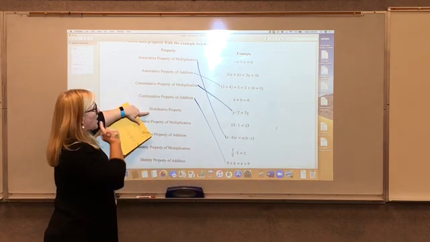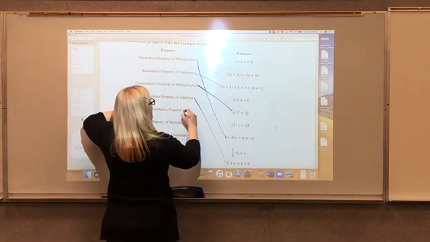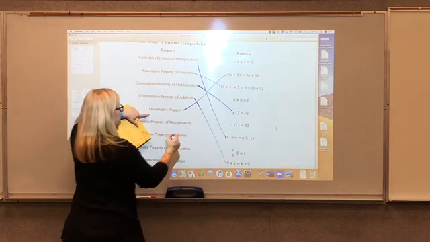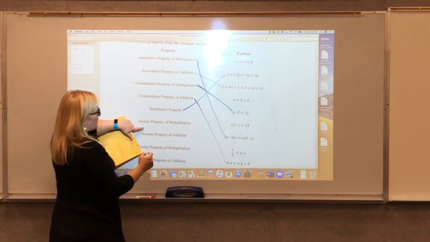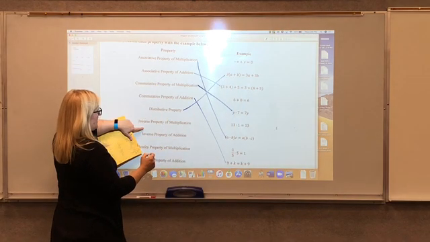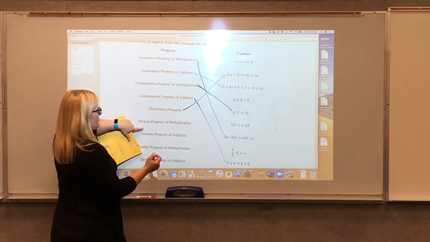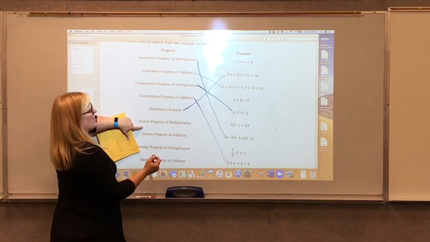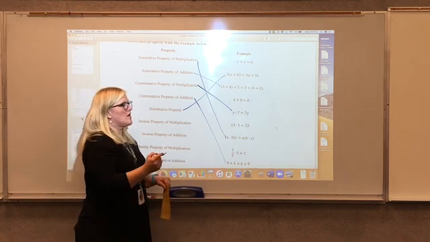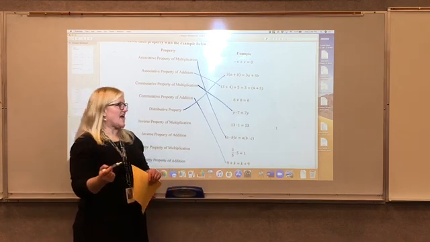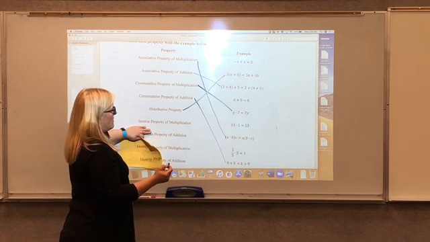Okay, distributive property, we've been working on that one. That one's here. Inverse property of multiplication. This is the reflective property. Okay, so inverse property, I'm sorry. This is when you multiply it by something to get 1, all right?